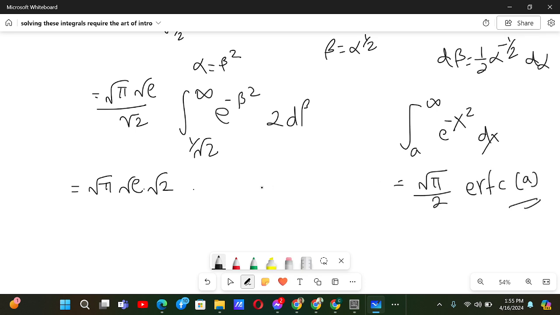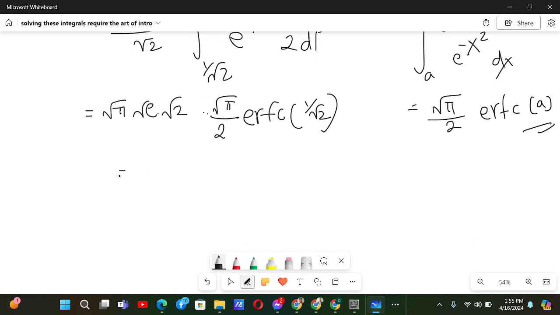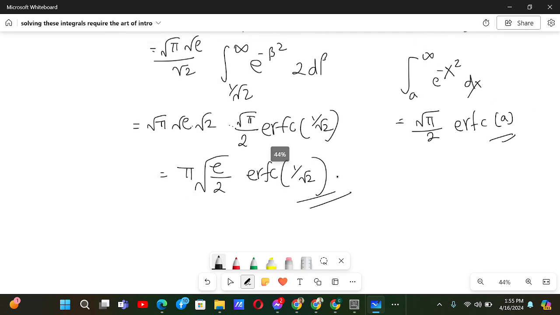Using this we have root pi by 2 times erfc of 1 by root 2, and this gives us the answer. So we finally get the answer, pi root e by 2 times erfc of 1 by root 2, and that is the answer for this one.